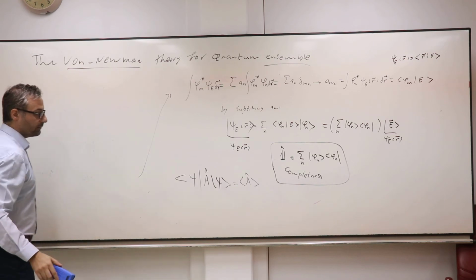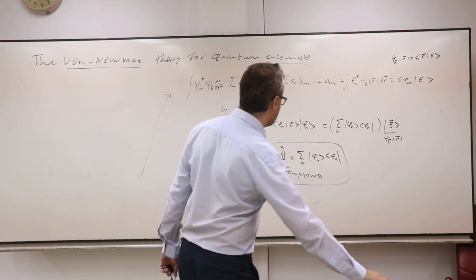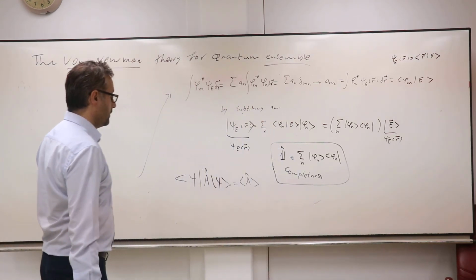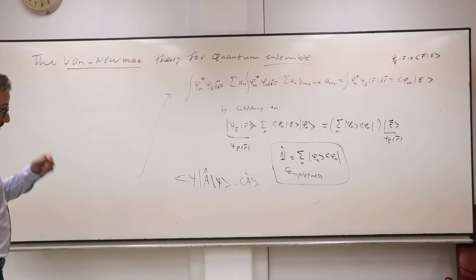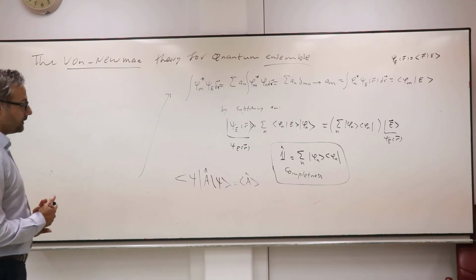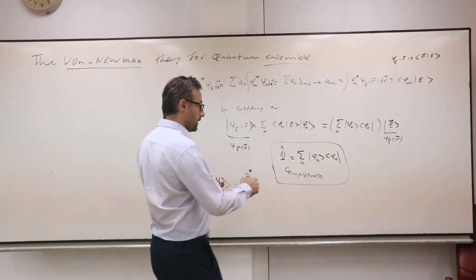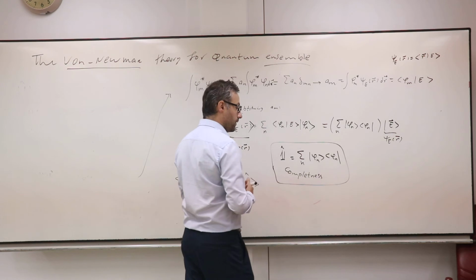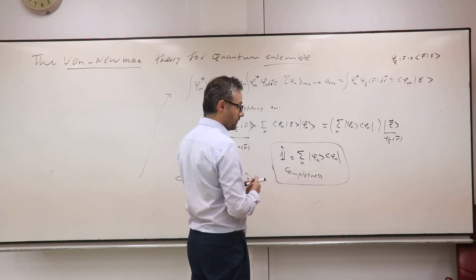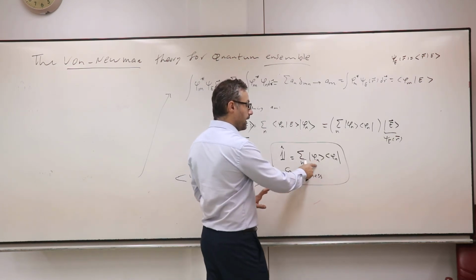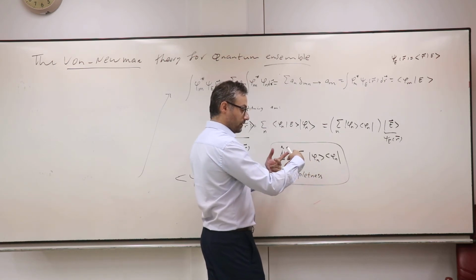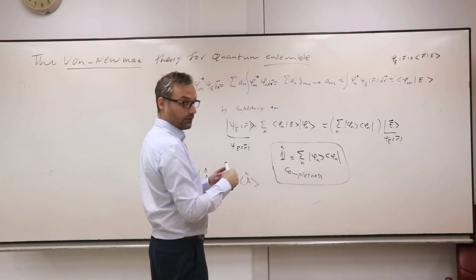Just one more equation, and I want to finish this now. There is something here. I told you that phi n should satisfy the orthonormality condition. So they should have length or norm 1, and they should also be orthogonal to each other.